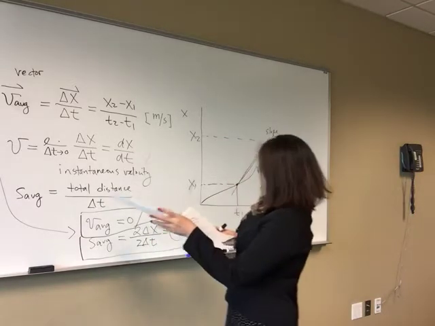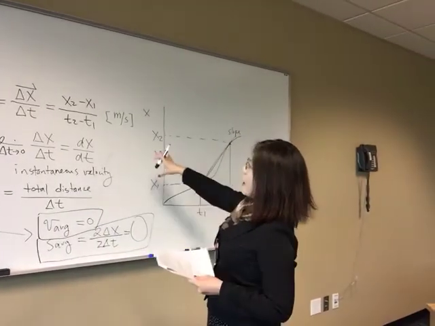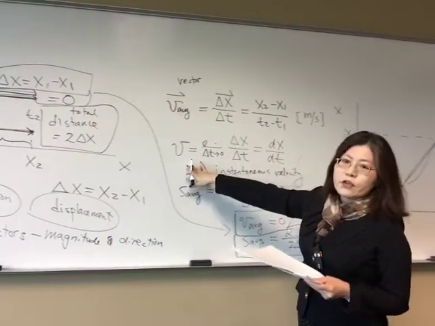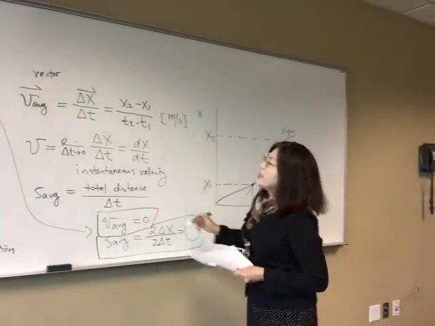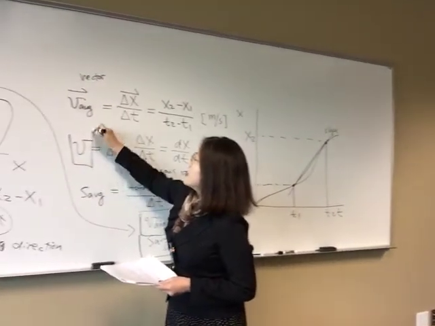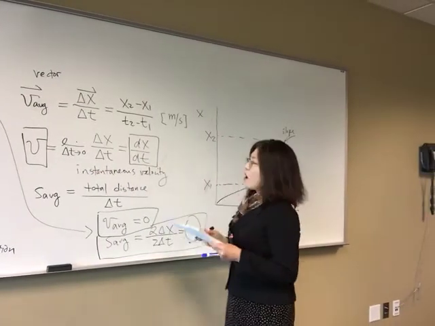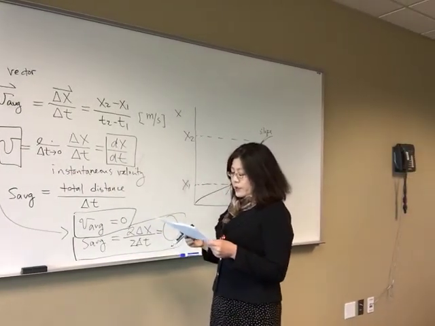Okay, so that's basically the definition of average velocity and the definition of speed. So you can see that the instantaneous velocity is basically delta x over delta t, the time derivative of the position.